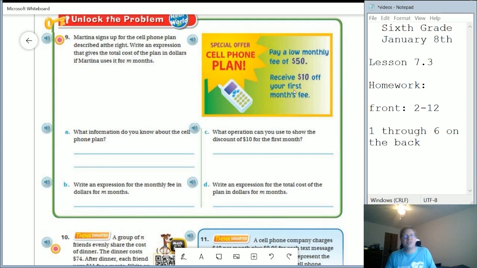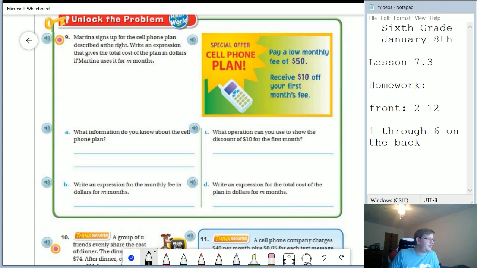So however you want to explain that. And then we want to write the expression for the monthly fee in dollars for M months. So we're going to do 50. And then we could do times M, or we could just do 50M for that part.